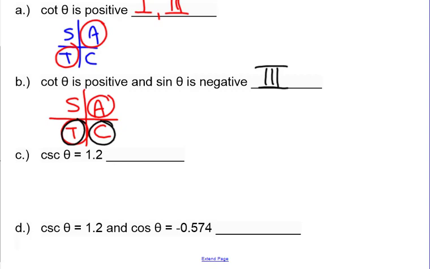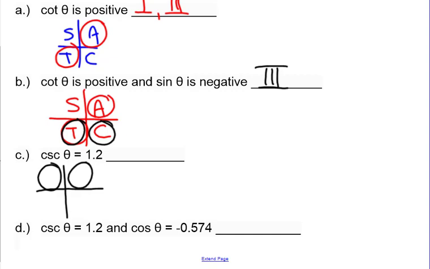Cosecant is equal to 1.2. Remember, with angles there are always two spots. Since cosecant is the reciprocal of sine and it's positive, cosecant is positive in quadrant I and quadrant II.